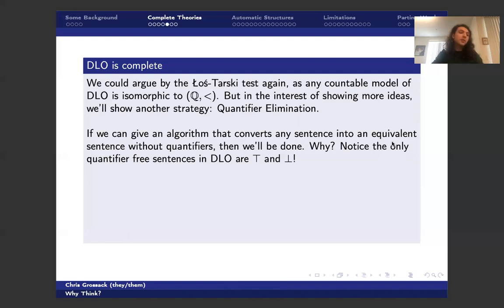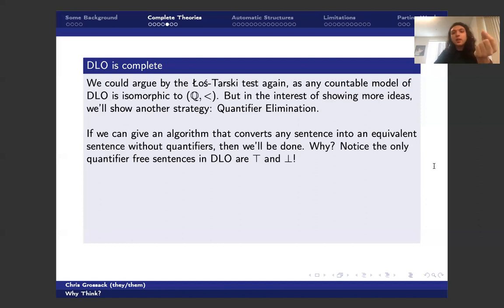And oftentimes in practice, the first step to understanding a theory is to check if it has quantifier elimination. And often, if it has quantifier elimination, it's a very nice theory. And it's not immediate that the theory is decidable once you have quantifier elimination, but many times in practice, that turns out to be the case. So it's a good technique to see.